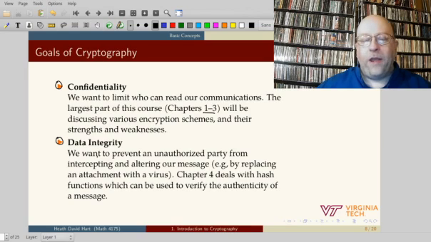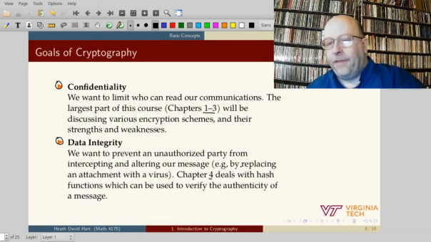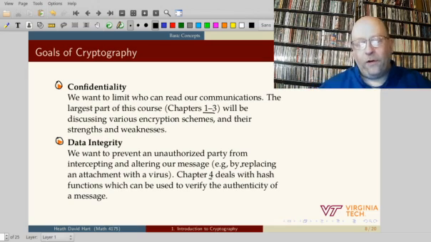How do we know that throughout the entire chain of this email bouncing through the internet to get to its final destination, it hasn't been altered along the way? We will talk about how we can use cryptography to verify the authenticity of a message. And that's what we'll be looking at in Chapter 4. Okay? And then the later chapters will be for the next part of the course.